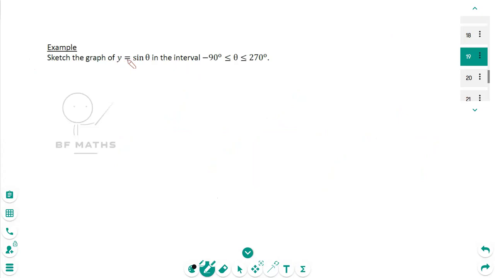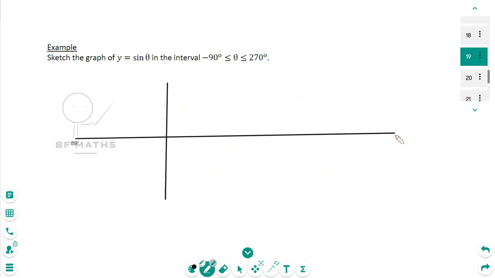Next one, sketch a graph of y equals sine x from negative 90 to 270 degrees. So yeah, we can definitely do that. So let's draw a pair of axes. Now I'm going to do more on the right side because the right side is longer than the left side. So we know the sine graph always starts from the origin, right? So that's 180, and that's 270.